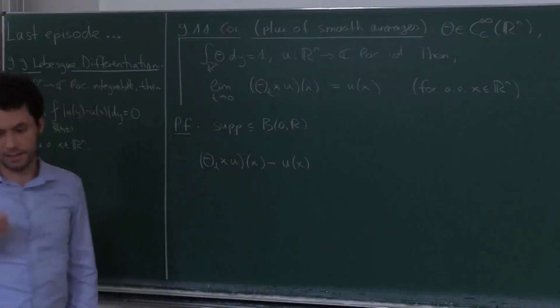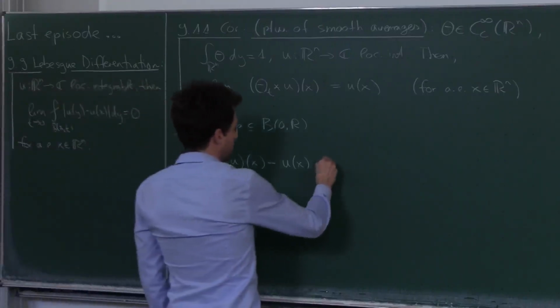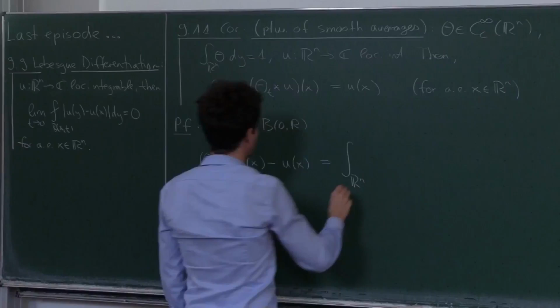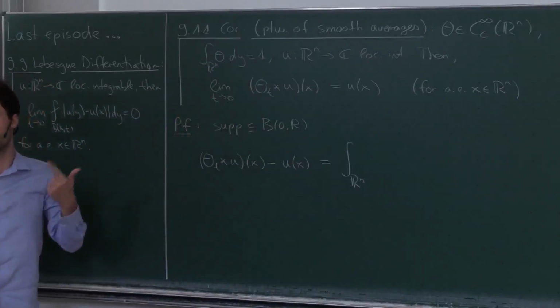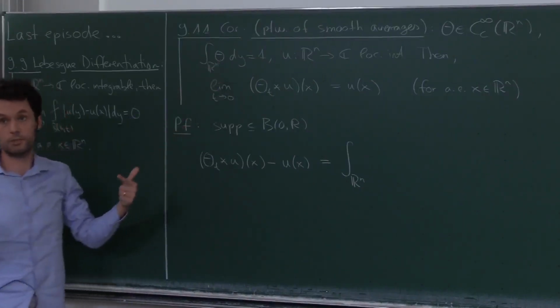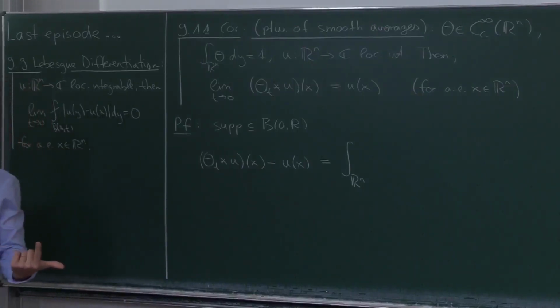I'm going to take a look at that, and I'm going to take absolute values in a second, but first let me use the crucial observation that this normalization of theta really is what is used to call these object averages. With theta, by the transformation rule, also the theta t have integral 1 for every t.